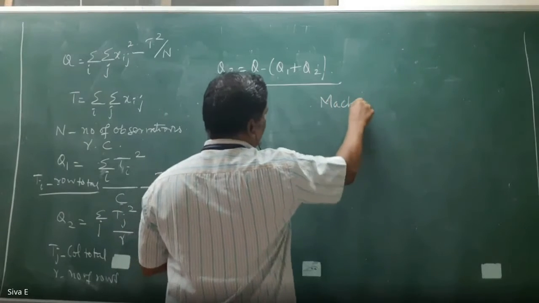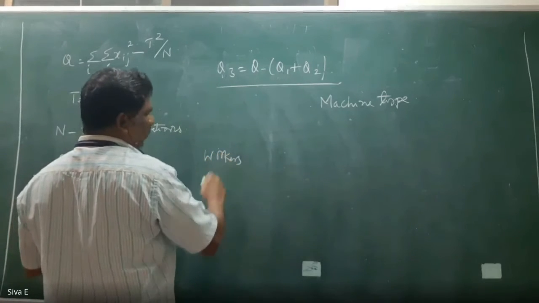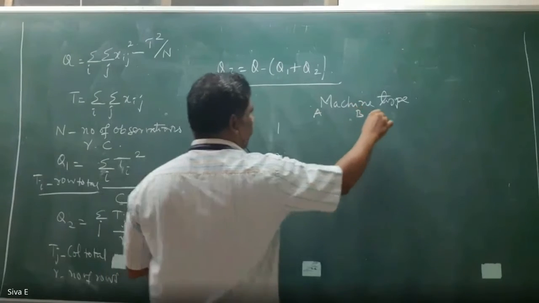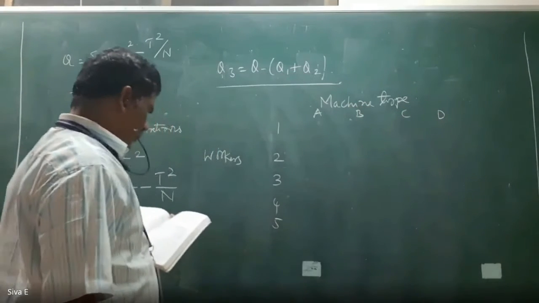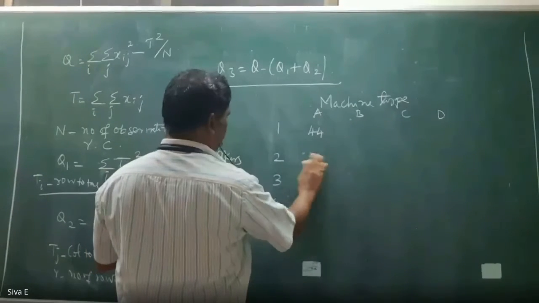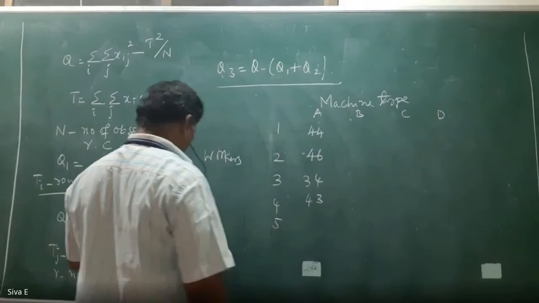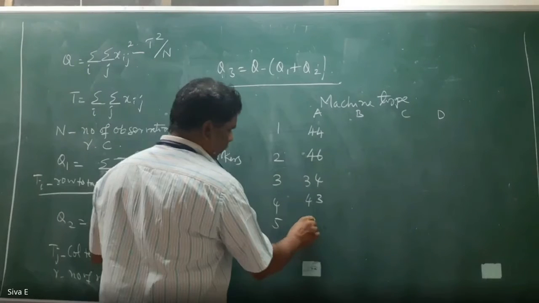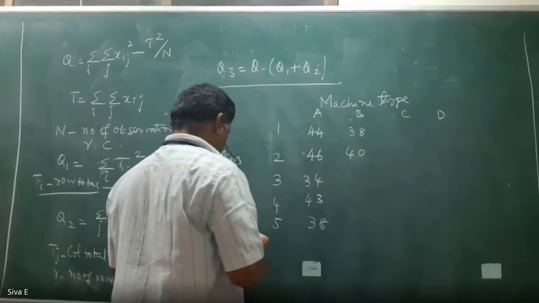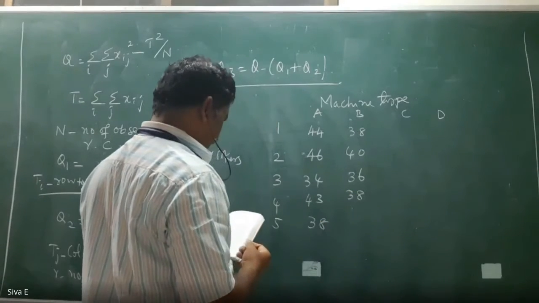Write the table. Machine type, workers. The data: 44, 40, 34, 43, 38, 38, 40, 40, 38, 42.